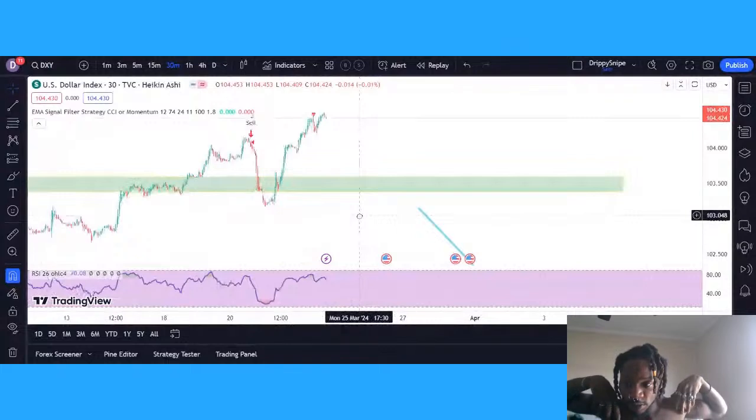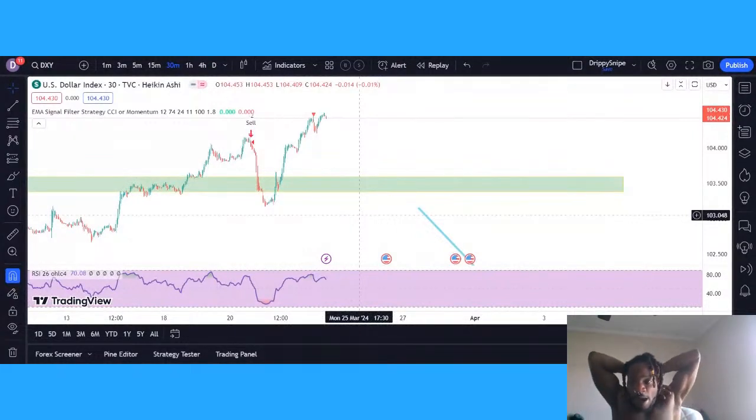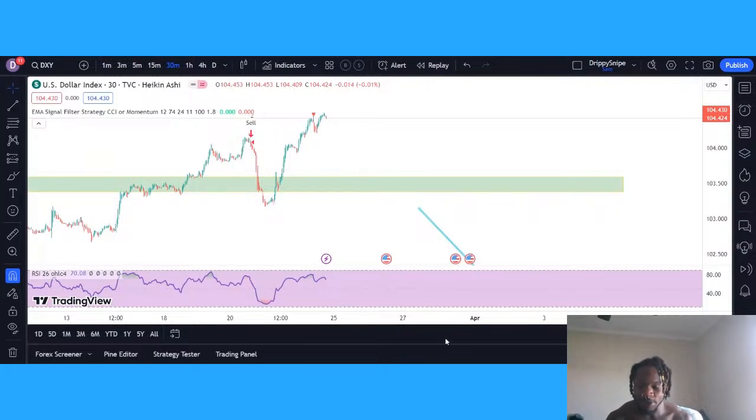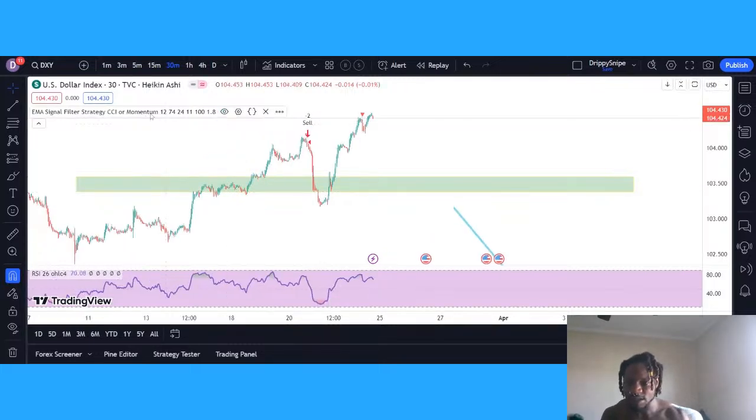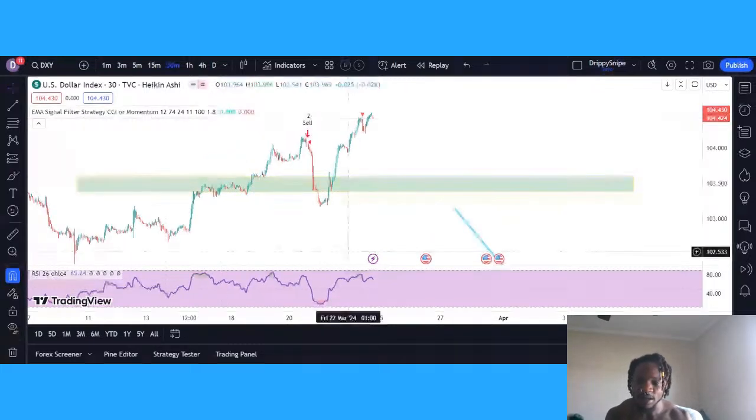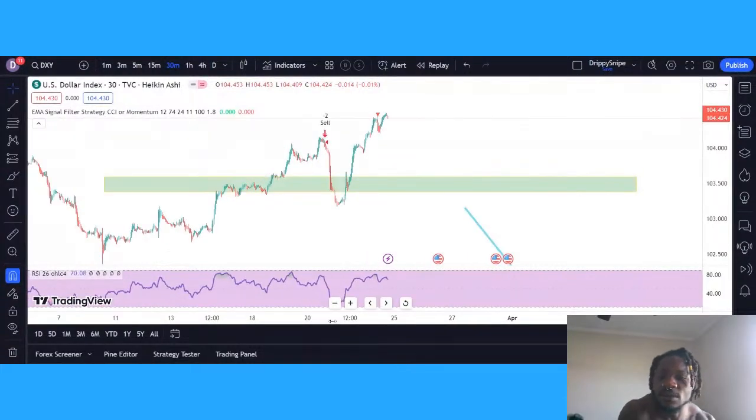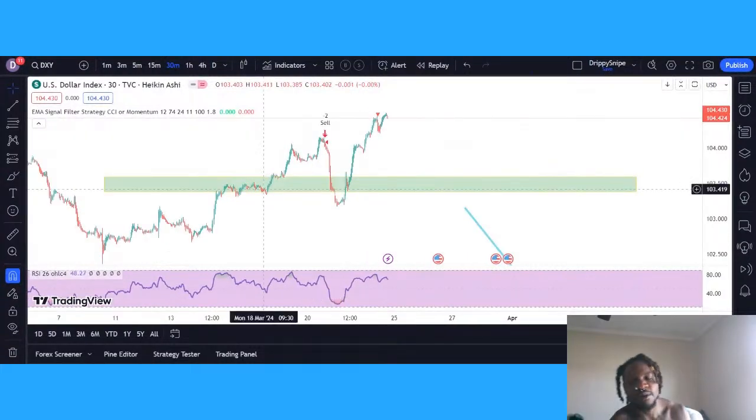This is my personal EMA strategy that I've been working on. It's not fully finished. I'm not finished backtesting it. I think somebody else scripted it out, but I put in my own edits.